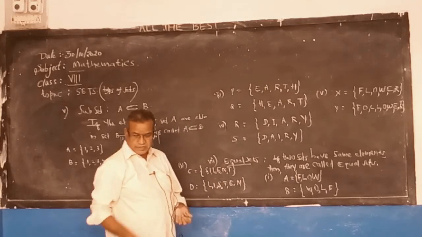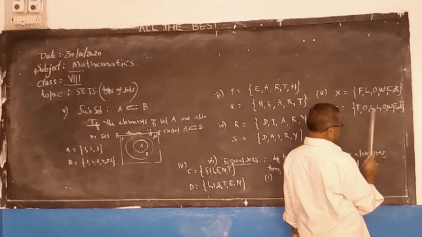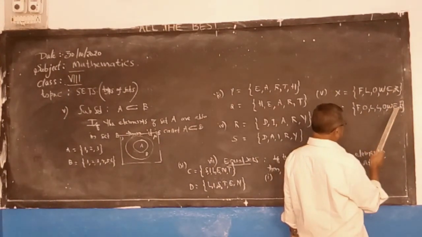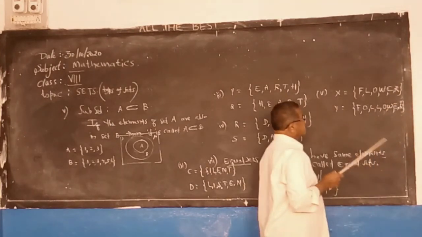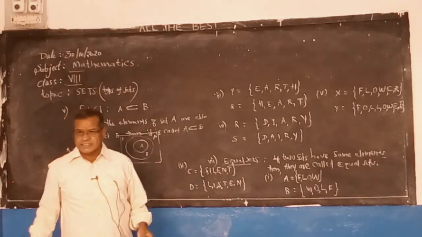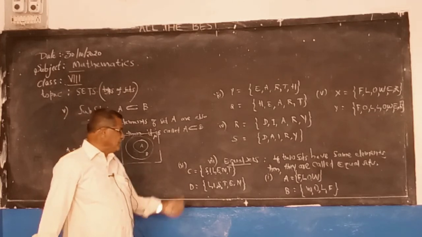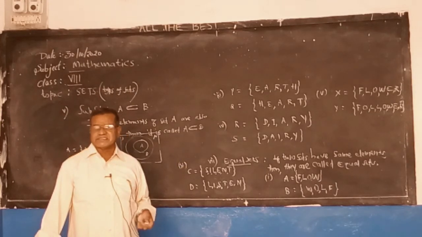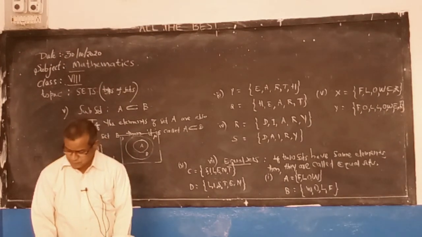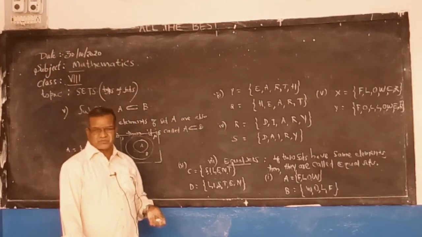Flower, follow: F, L, of course the two Ls are taken as one, W, E, R, O. Like this, so it is easy to understand. It is in the name only: equal sets. Equal sets means two sets have the same elements. Thank you. Please, the remaining sets tomorrow.